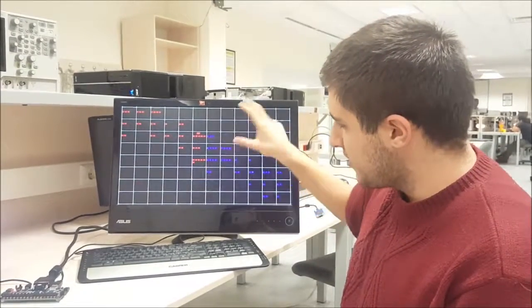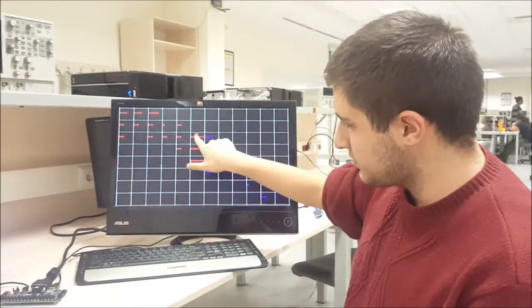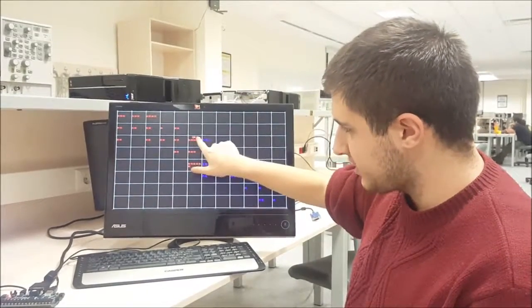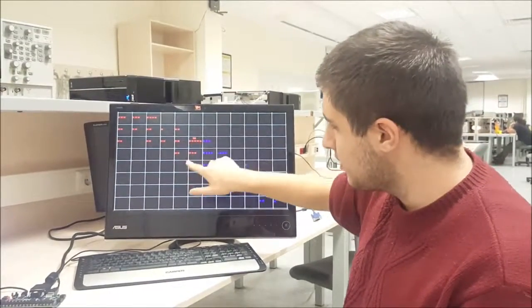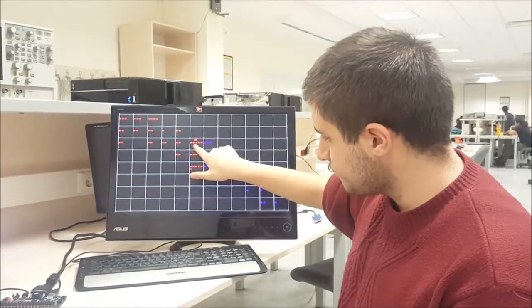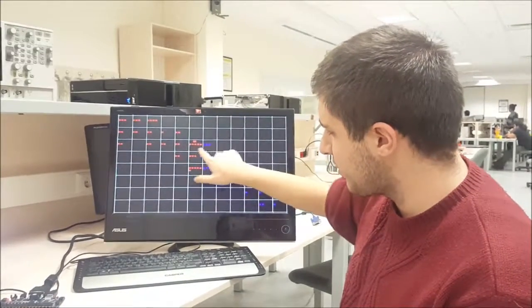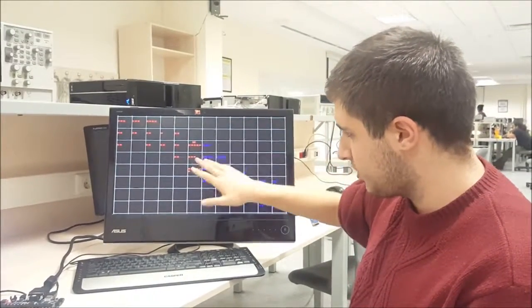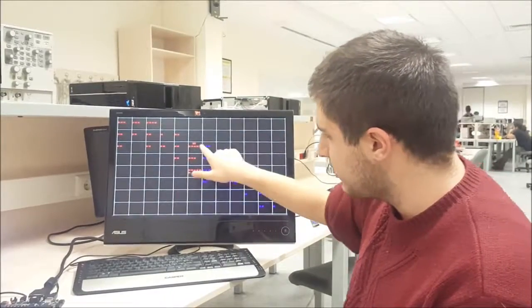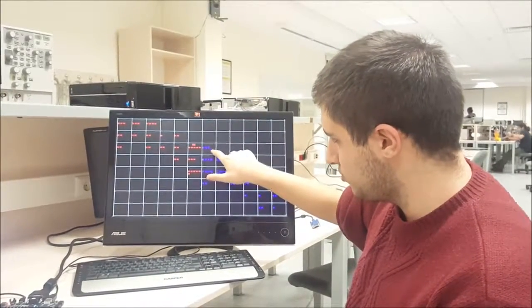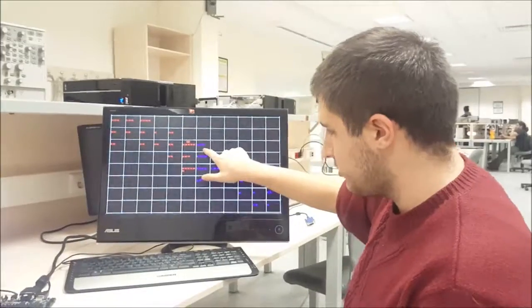So in the attacking phase, for example, here it's in the second part, so it's the attacking phase. For example, here are 5 red squares, so there are 5 soldiers, and here are 3 blue squares, so there are 3 soldiers.